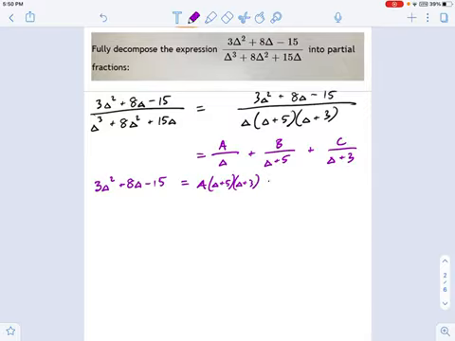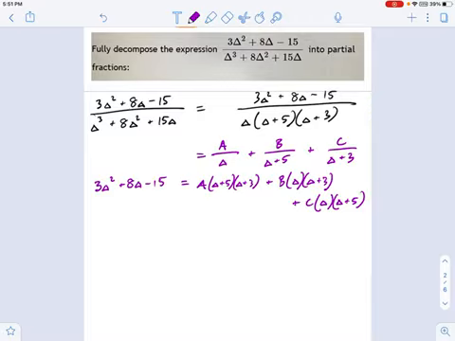In the middle, we get b times delta plus 3. And on the right, we get c times delta and delta plus 5. That's the result of things canceling out when you multiply both sides by all three factors.